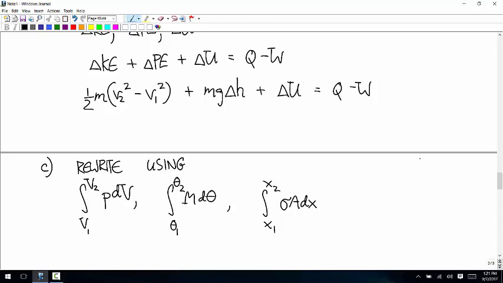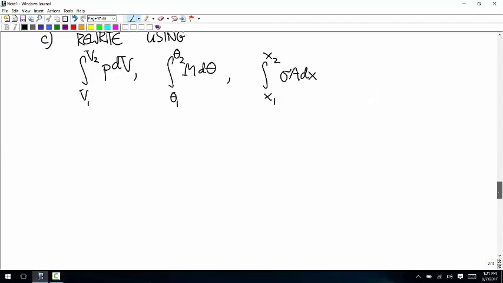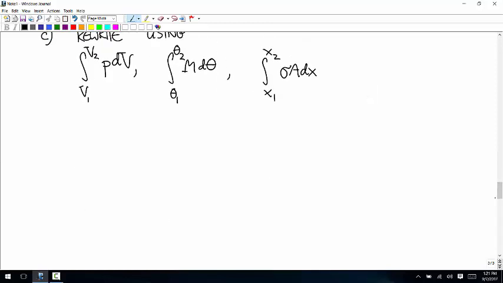Okay, so these are all expressions of work. This is the work done by a gas in expansion.